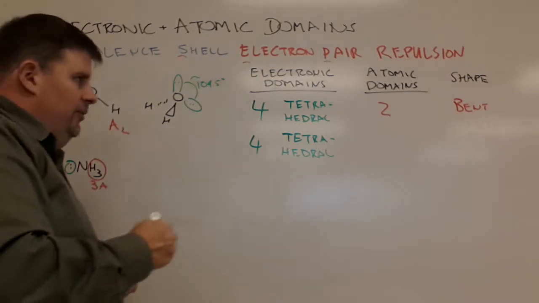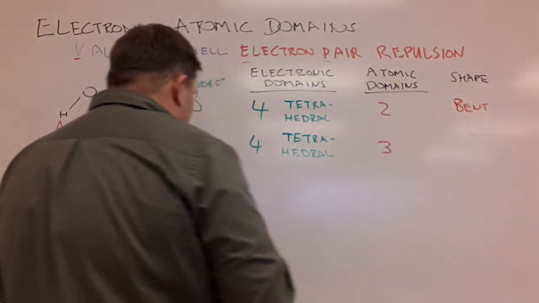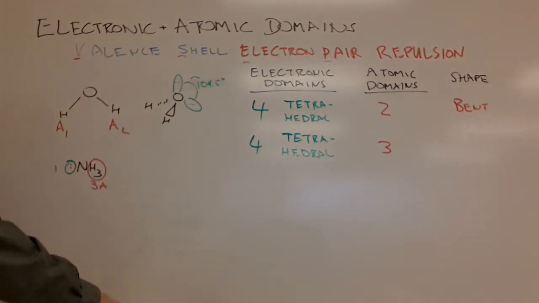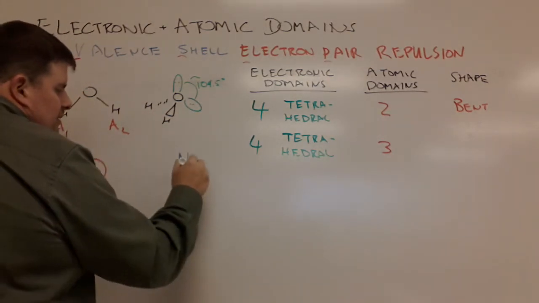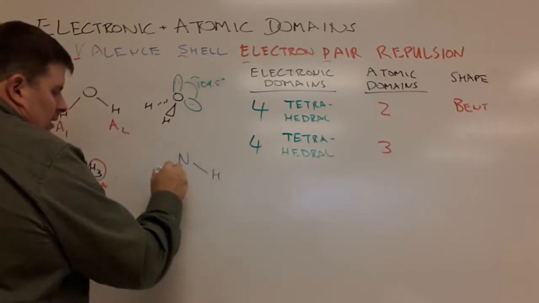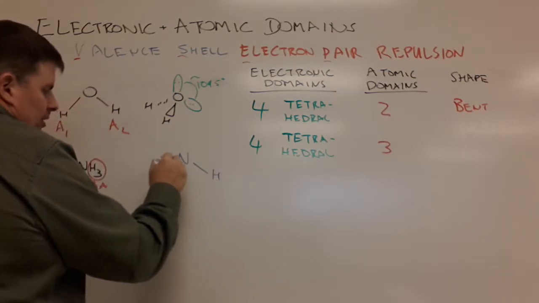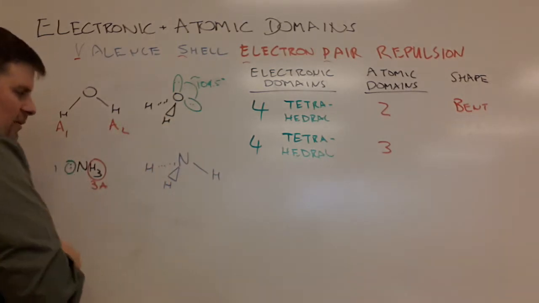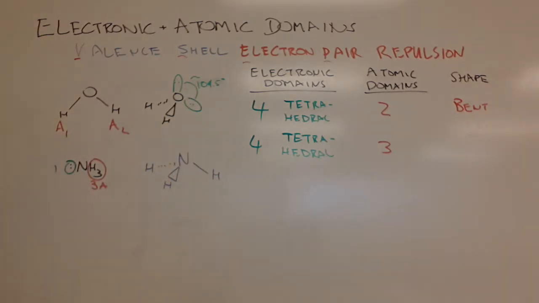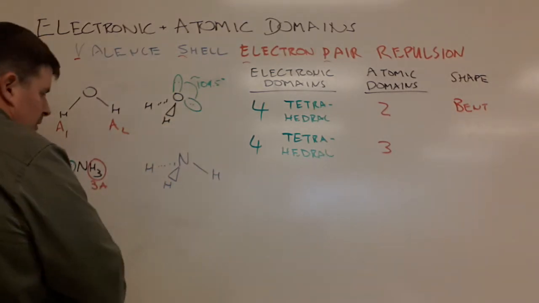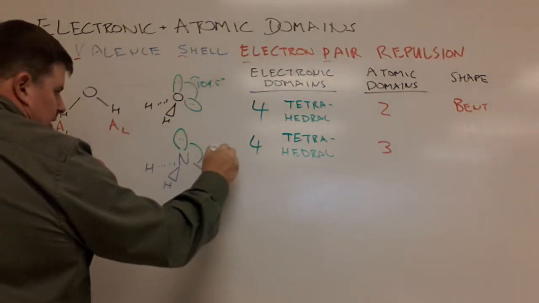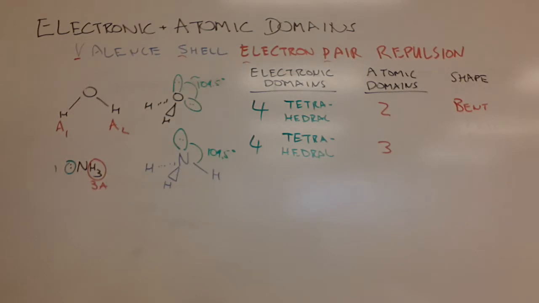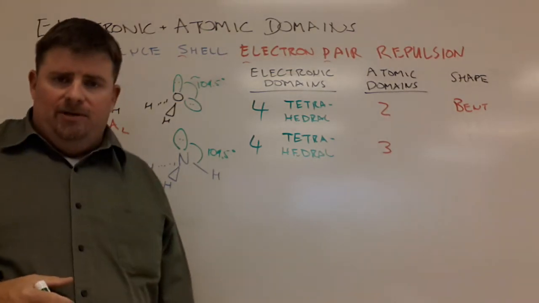So since I have 3, I erase what the overall shape of this is going to be. So now let's draw nitrogen and its bonds. So I've got 1 hydrogen here. I've got a hydrogen coming out of the board at us and a hydrogen going away into the board away from us. And I've got 1 lone pair, which is sticking out up here. The bond angle here is still 109.5 degrees because it's still a tetrahedral shape. Okay, does that make sense?